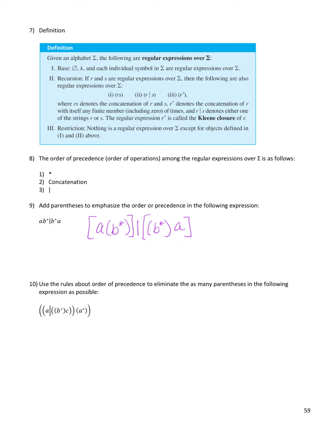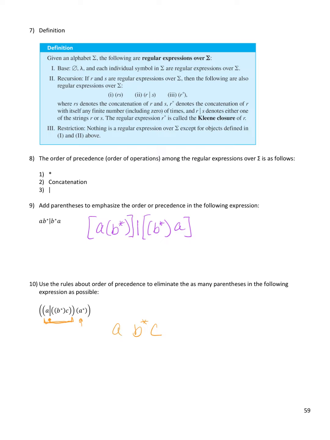So I have B star C, which does B star and then concatenates with C. The last thing is the OR, but these parentheses indicate that I should do that OR statement before I do this concatenation.